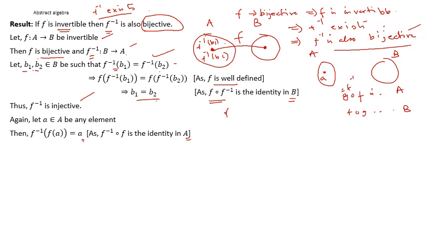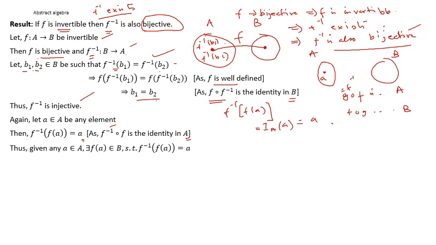This is the identity of A, and what is the function of the identity map? Identity map maps any element onto itself. So f inverse f of a is a.